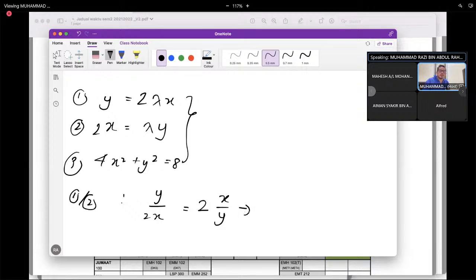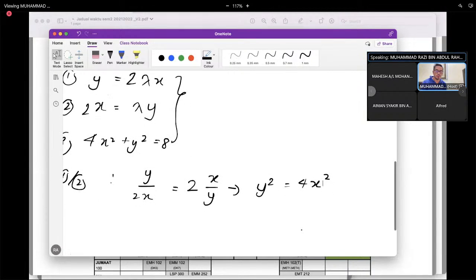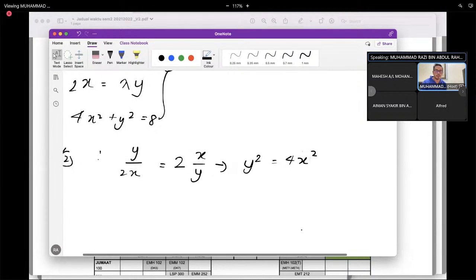You see, there's a quadratic relationship now: 2y squared is 4x squared. This is where you don't want to simply cancel, because by quadratic we have two roots and we want to keep those two roots intact so we can solve for it.